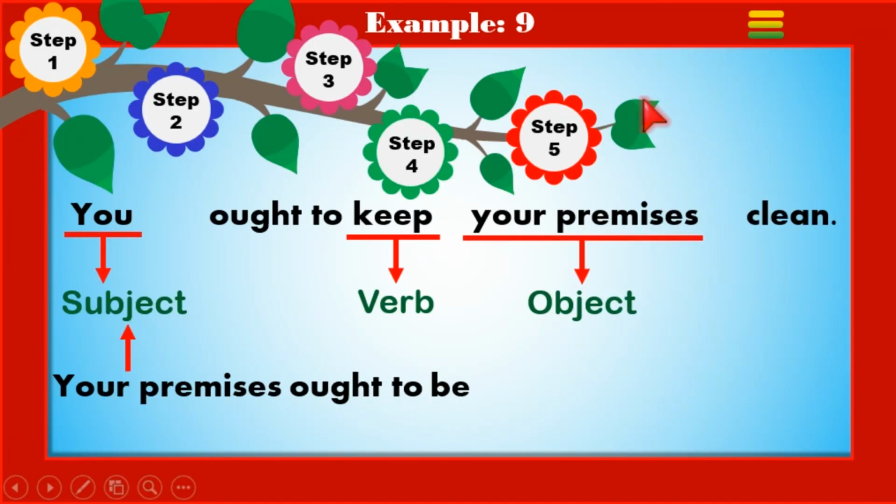Then past participle form of the verb. Keep, kept. Then step 5, clean. So here, your premises ought to be kept clean. Here the bystander is not necessary, because here it is telling about you and your.